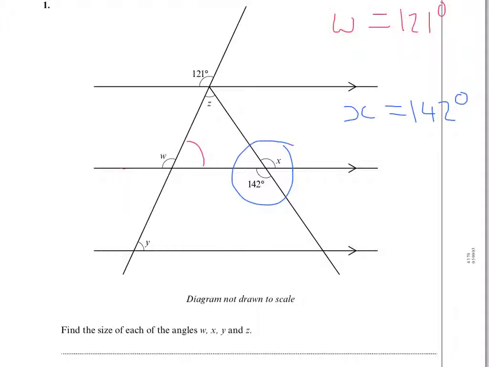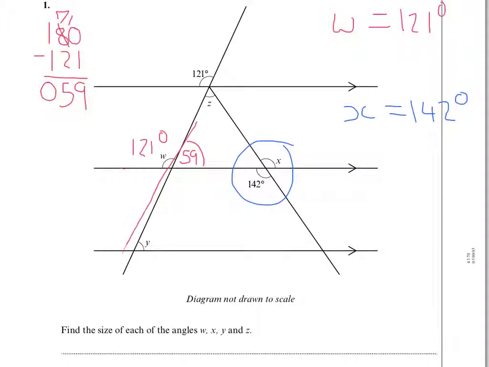We know that W from earlier was 121 degrees, so because our angle is on a straight line, the remaining angle is going to be 180 minus 121 degrees. So 180 take away 121 leaves us with 59. So this angle that we have here is 59 degrees.